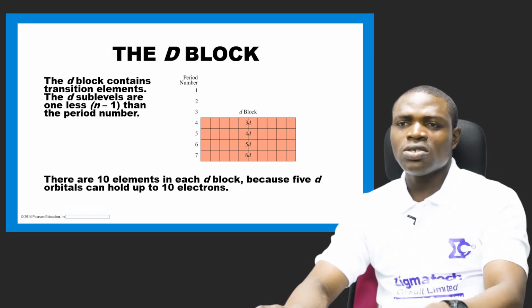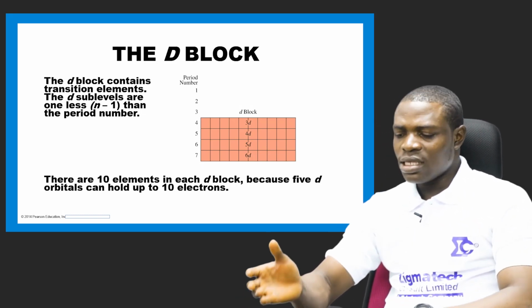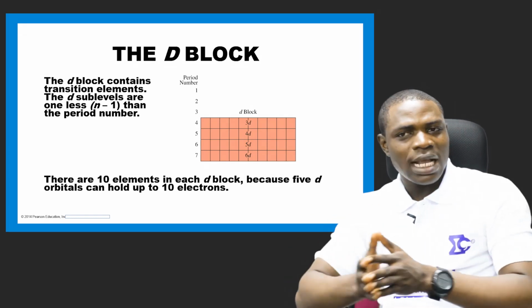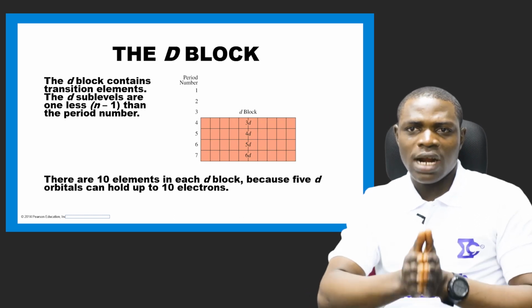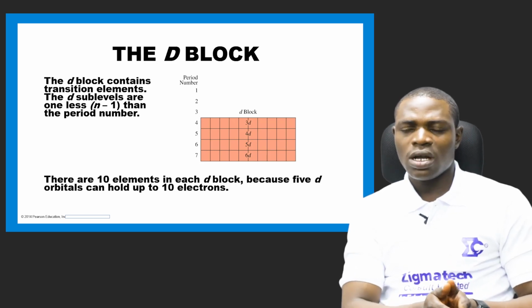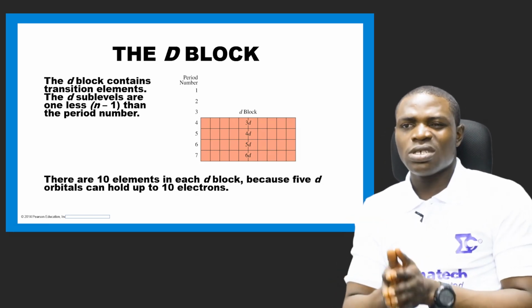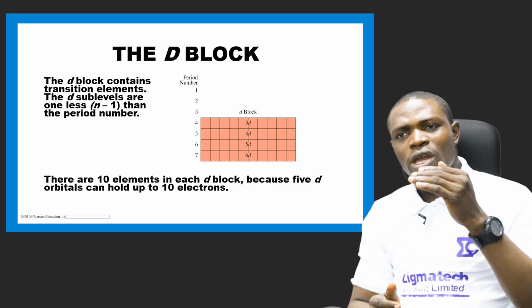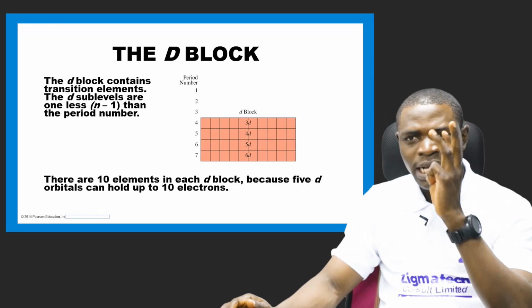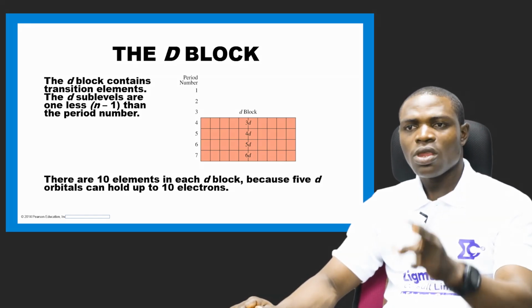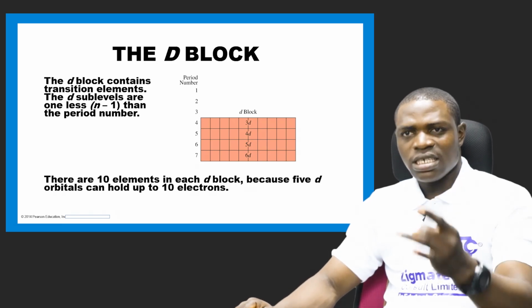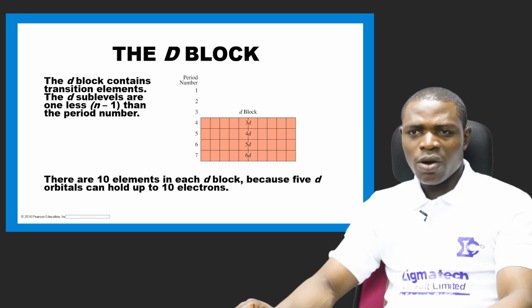I have seen students over the years writing the electronic configuration of an element and starting from P or starting from D block. No, it's wrong. The right thing is to go sequentially from the S block to the P block and then to the D block, going from one period to another. So S can hold a maximum of 2 electrons, P a maximum of 6 electrons, and D a maximum of 10 electrons.